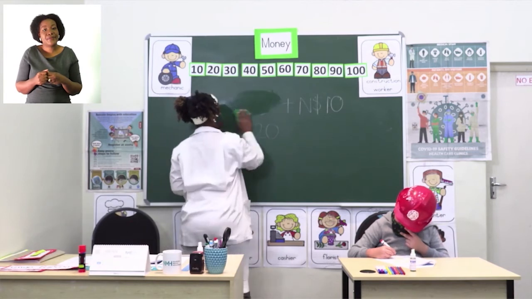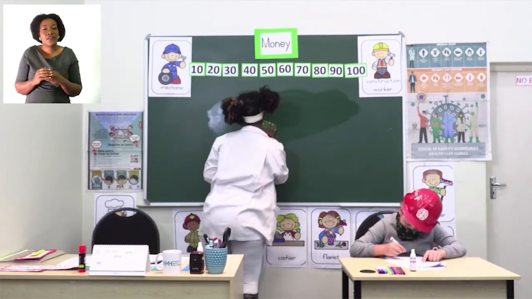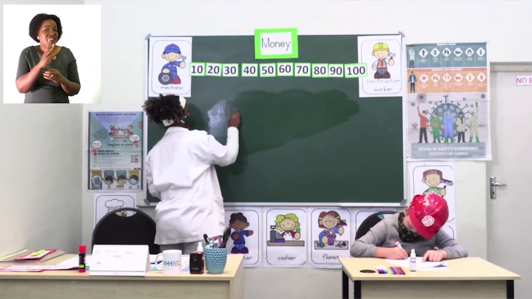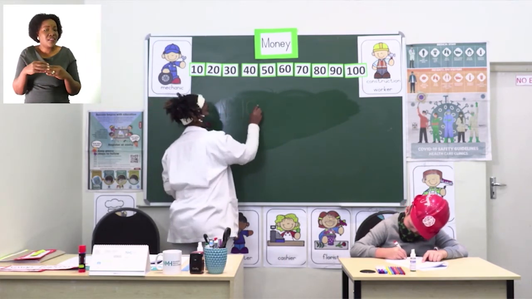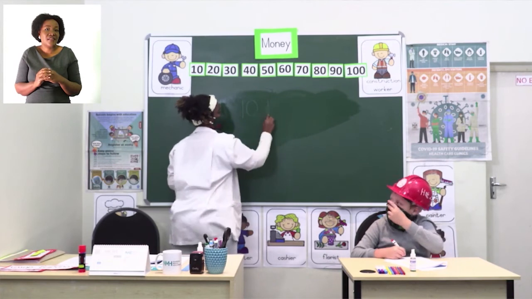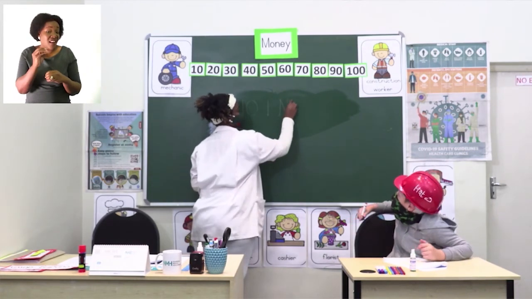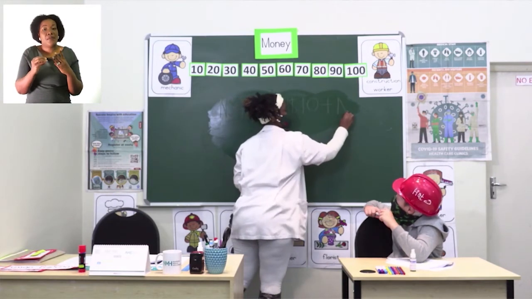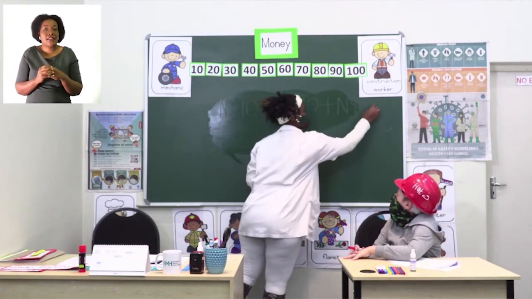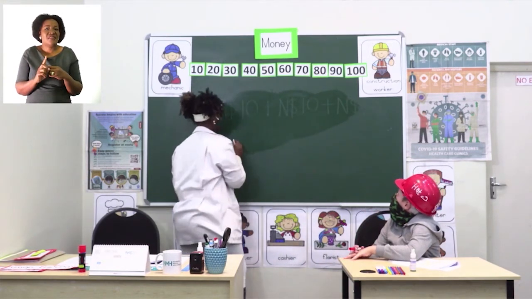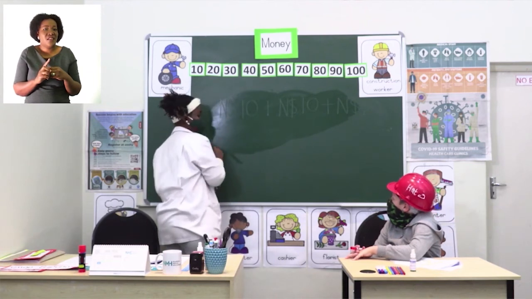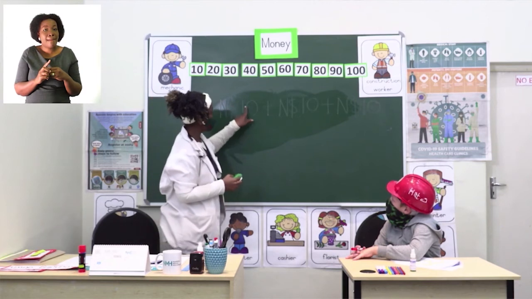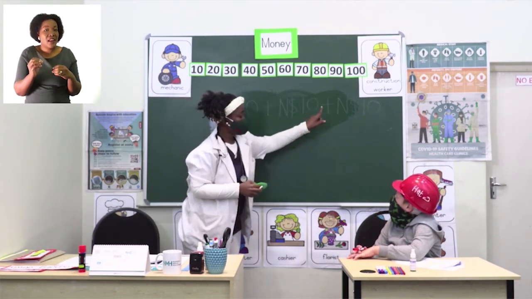What if you have 3 tens? 3 10 Namibian dollar notes. What is the easier way of counting this? Since we know already how to count in the multiplication of a 10, we just count 10, 20, 30.